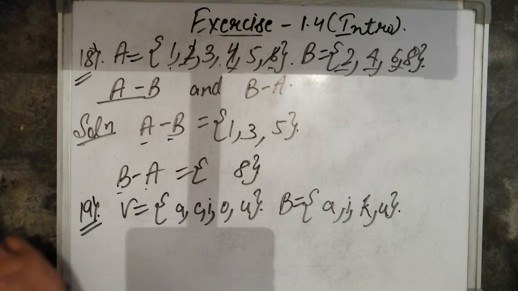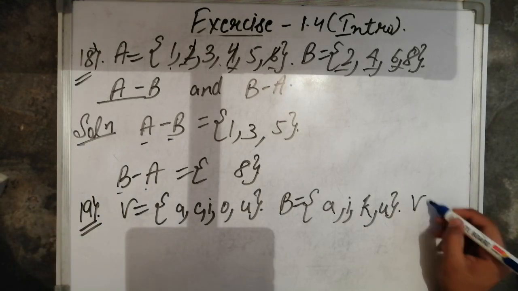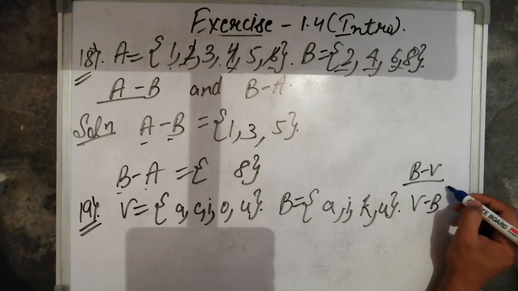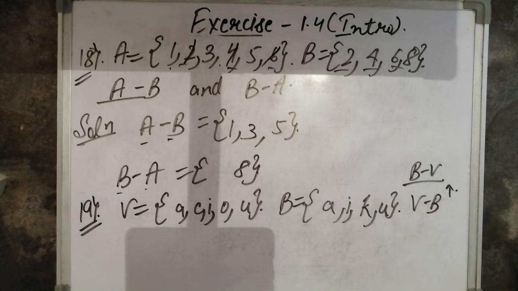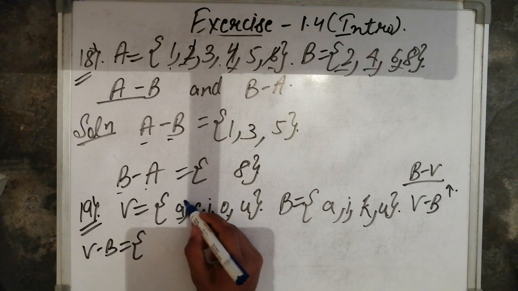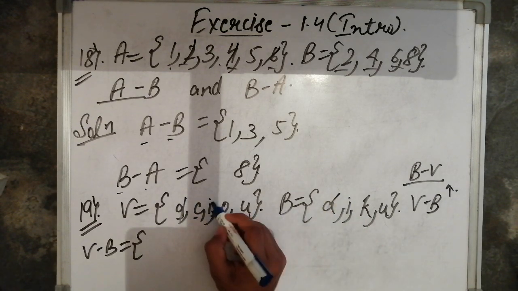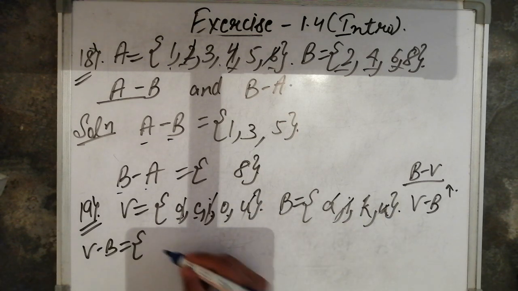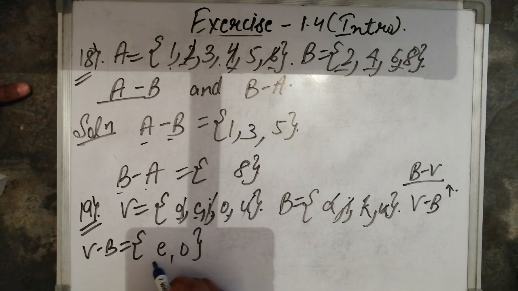Find out V minus B and B minus V. Okay, so let's talk about V minus B. V minus B is {A, E, I, O, U}: A cancels with A, I with I, and U with U. The resulting elements will be E, O. That's it, because E and O are not present in set B.